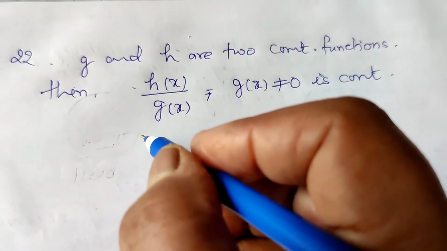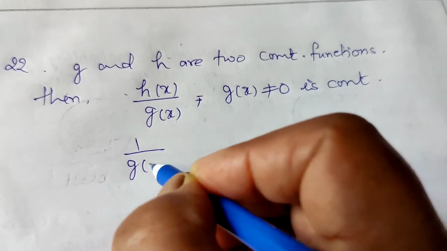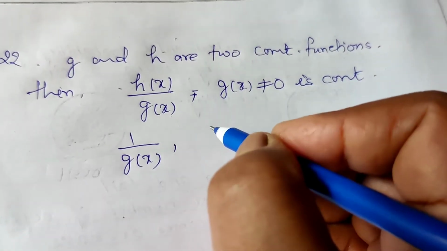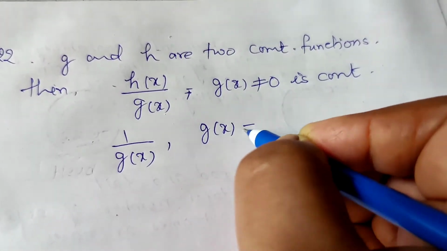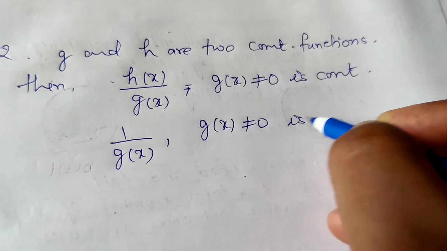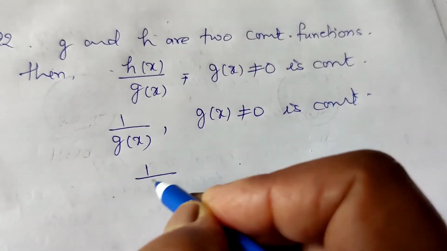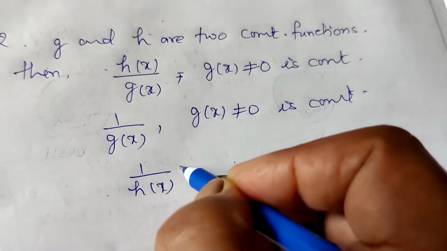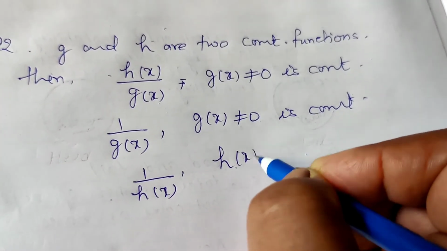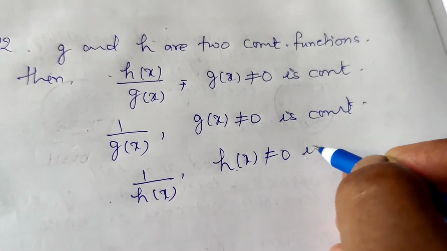Same for 1 upon g(x), where g(x) is not equal to 0, it is also continuous. And 1 upon h(x), where h(x) is not equal to 0, is continuous.